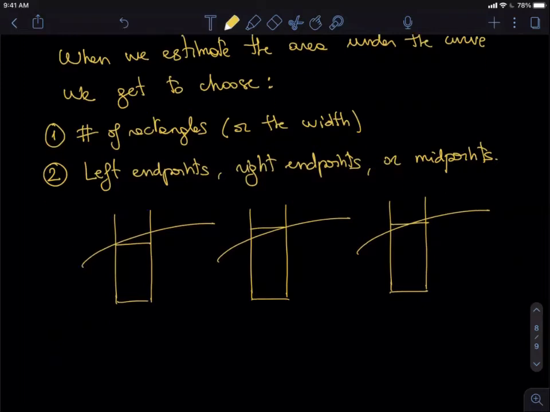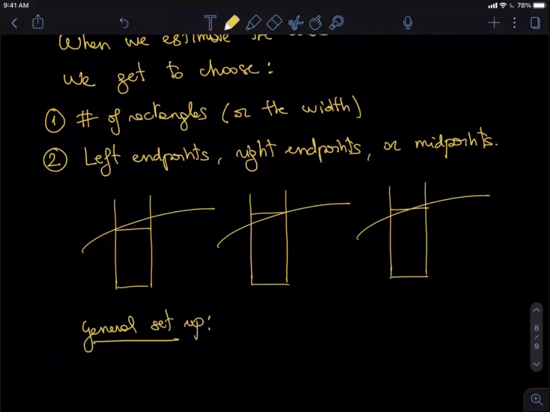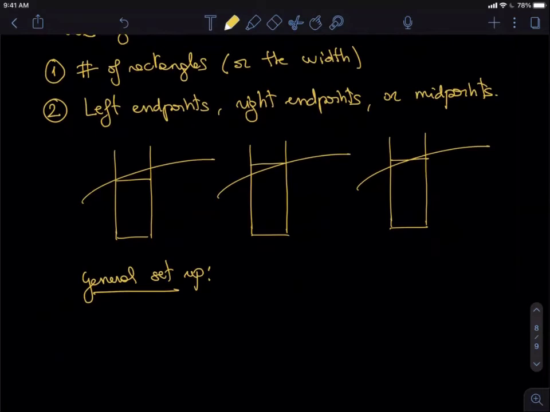Okay, so we get the general setup with this. So what is the general setup? I'm going to write the type of problem we want to do and the general approach we have been describing.